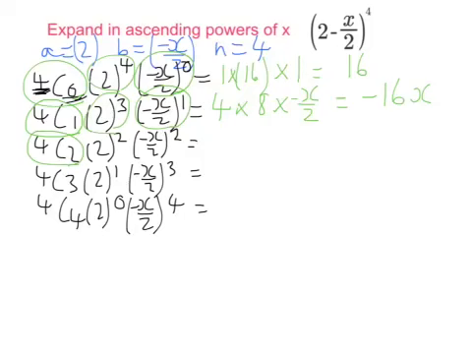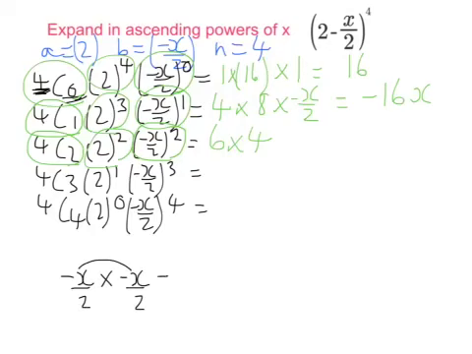Okay, 4 choose 2 is 6. You can do that bit on your calculator. 2 squared is 4. Now, be careful with this. We've got to do minus x over 2 all squared. Minus x over 2 times minus x over 2. If we times that out, we'll end up with a positive x squared.